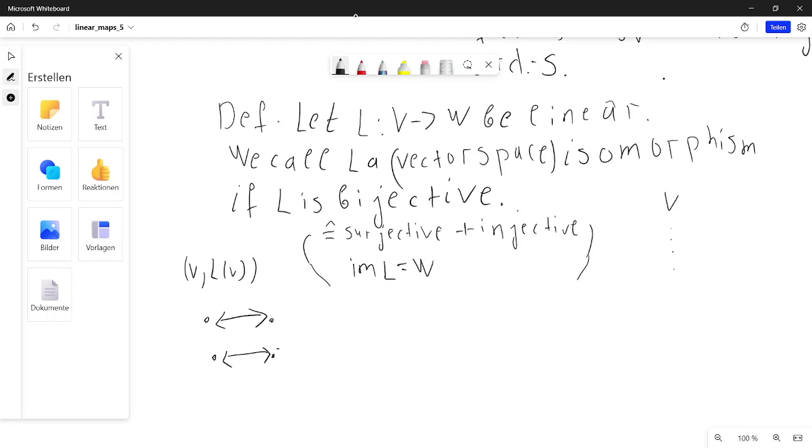So if we take those sets, we can just go through them. We go through V, we go through W, and we just take each pair, V and L of V, and when we are done doing that, there are no elements left in neither V nor W, and no pair has the same element in any entry, right?